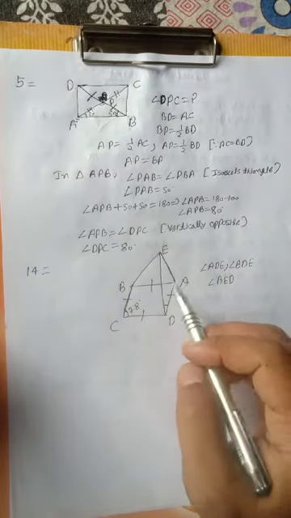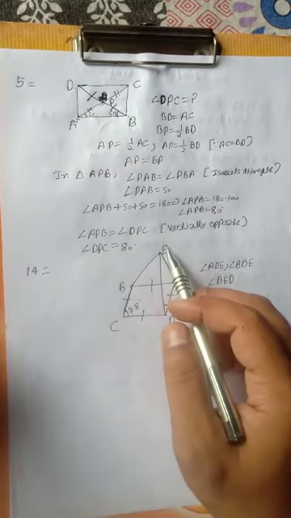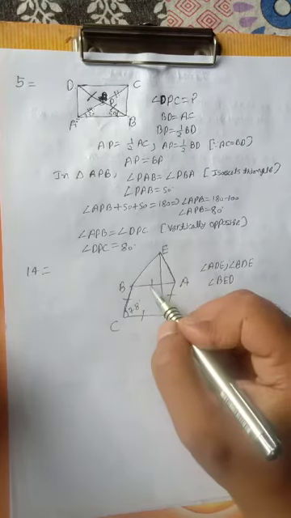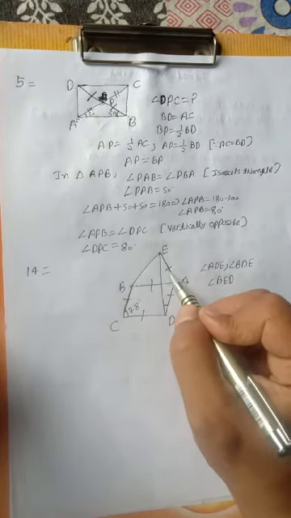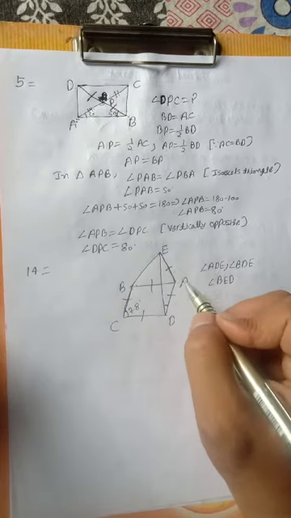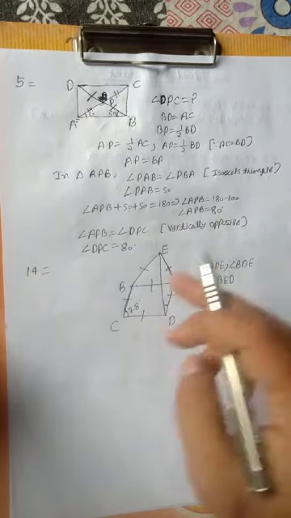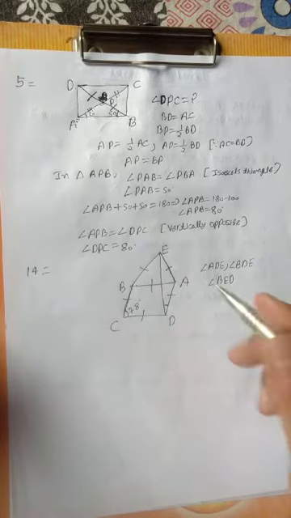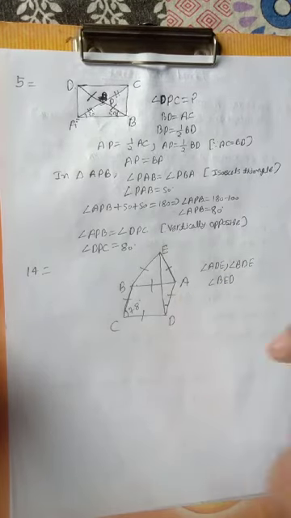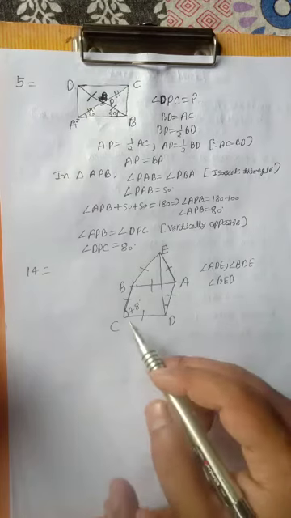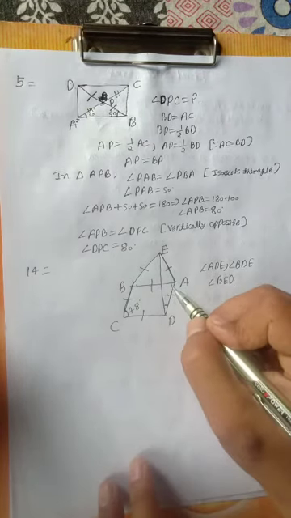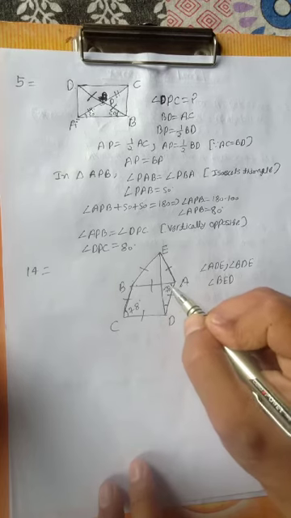And ABE is an equilateral triangle, so all sides of an equilateral triangle are equal. AB equals AE, EA equals BE. So all sides are equal.